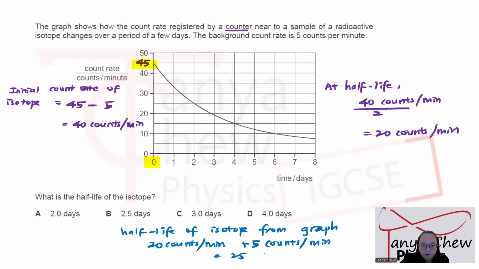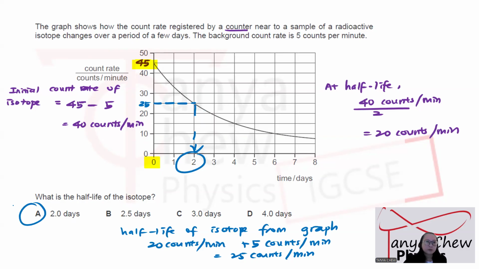That is 25 counts per minute. Look at your graph, which is 25. Look at the value of the time. That will be the half-life. 2 days is the half-life. A is the half-life. Most of the students answered this question wrongly, so you have to be extra careful when the half-life is being given.